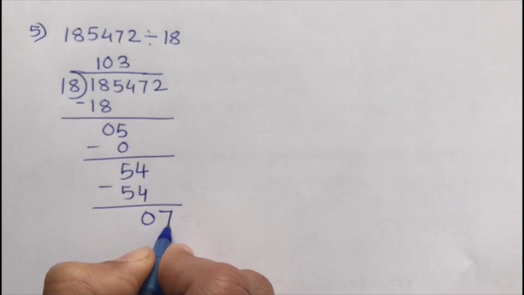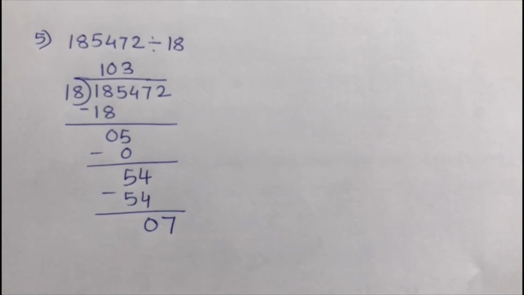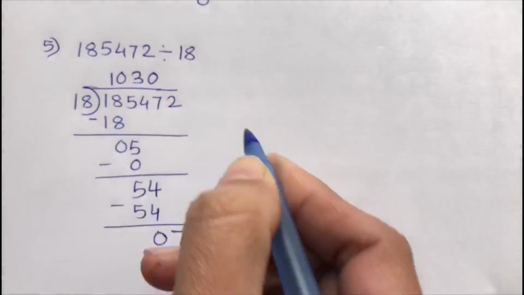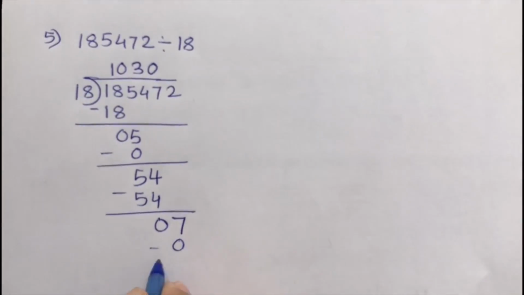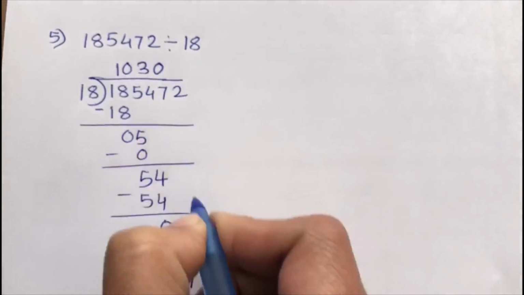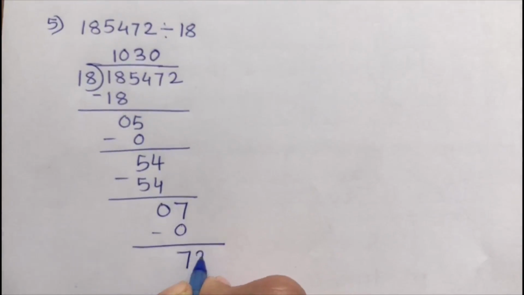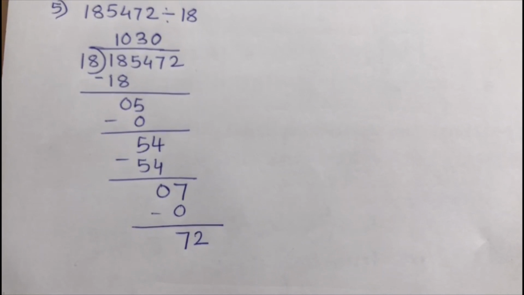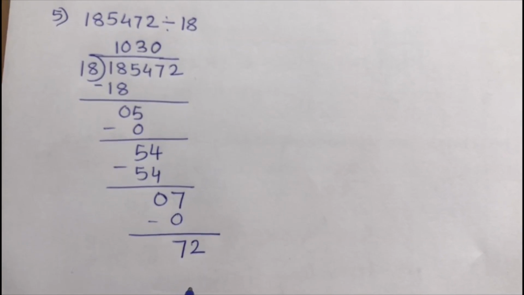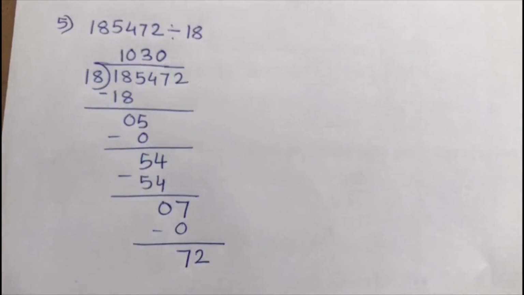The next digit is 7. Again 7 is less than 18, so I write here 0. And when we subtract 0 from 7, we get 7. Take the next digit down, which is 2, so the number becomes 72. And 72 comes in the 18 multiplication table.